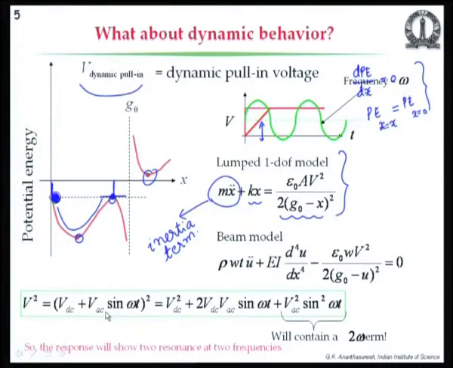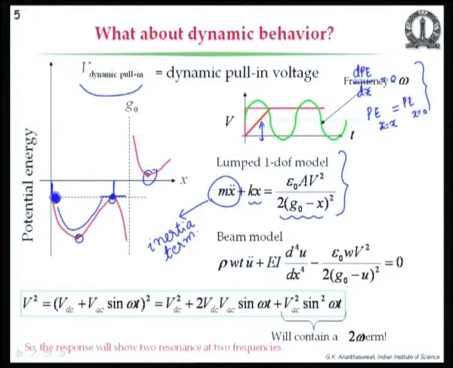Okay. If you look at that, in the force term there is a V square. When you have VDC and VAC, so (VDC plus VAC sin omega t) square, we get VDC square, 2 VDC VAC sin omega t, and VAC square sin square omega t, right.